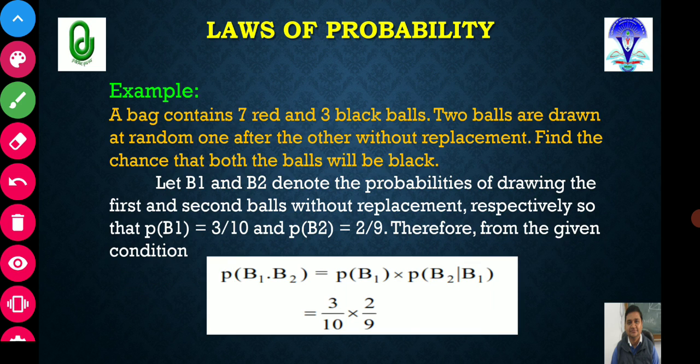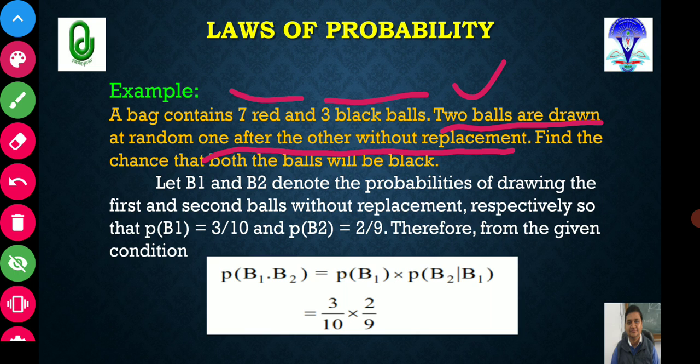Now, just see one simple example. From this example, the conditional probability will be clearer to you. You have a bag which contains 7 red and 3 black balls, so the bag has 10 balls. Now 2 balls are drawn at random, one after the other without replacement.